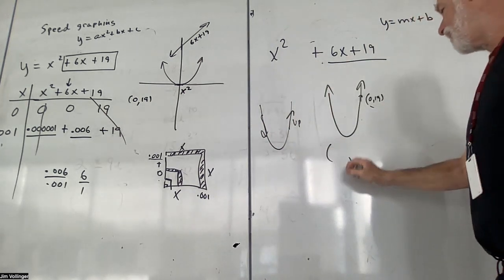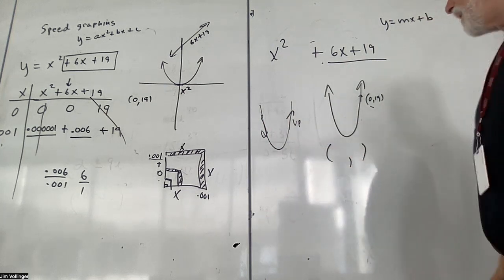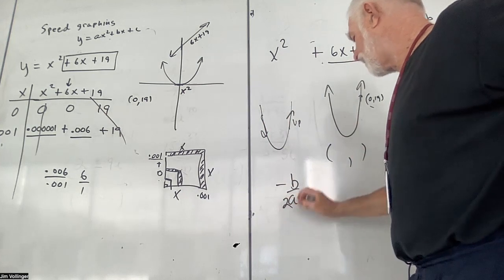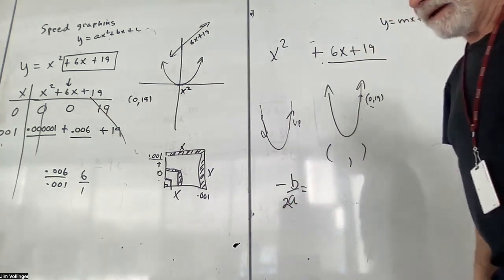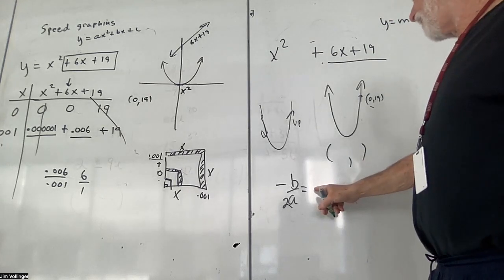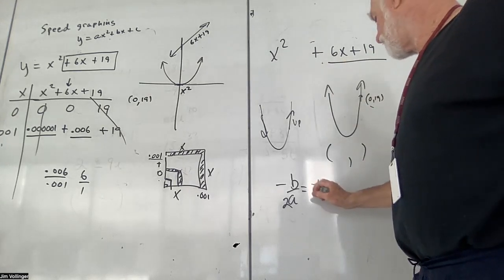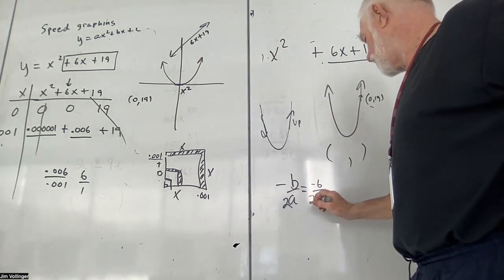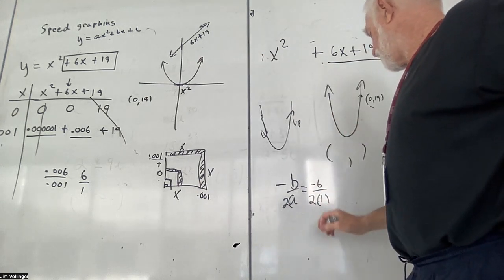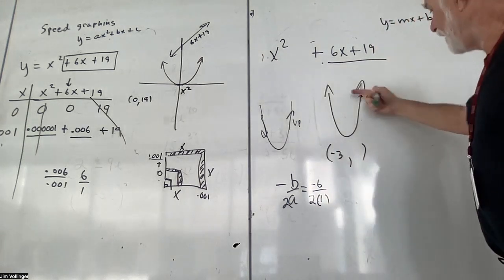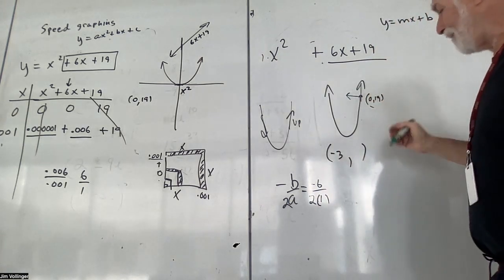All I'm left with is the vertex. And we know that minus b over 2a gets you the x value. And we've talked about y many times in many videos. I'm not going to talk about y here, but minus 6 over 2 times 1, this is a 1, 2 times 1, is going to get me -3, and that's a good thing because -3 is to the left of 0.